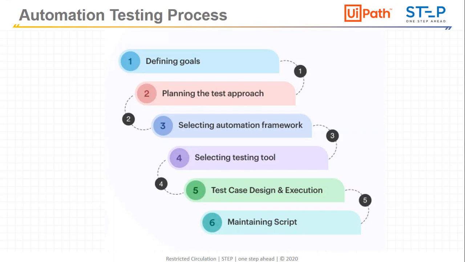All these steps, the 6 steps you are seeing on the screen, let's see with an example. Defining the goals. I have one project, and that project has 1000 test cases, and I have 10 testers working on that particular project.